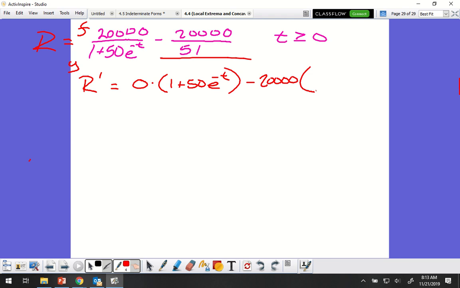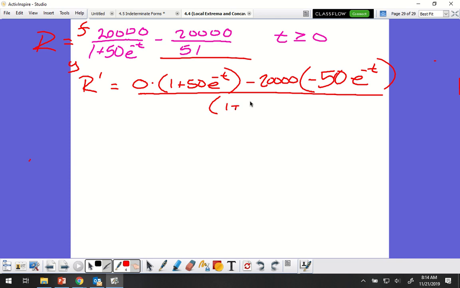So I get negative 50 e to the negative t right there. All that's going to be over 1 plus 50 e to the negative t, squared.